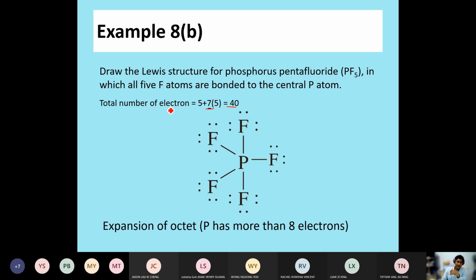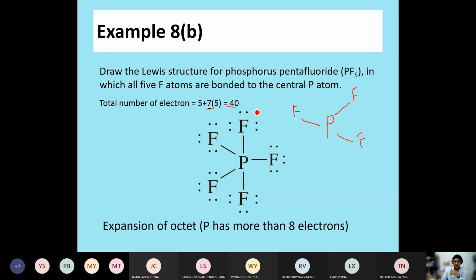When it becomes 40, you draw phosphorus first and then put the fluorine around it, 5 fluorine, because there are 5 atoms of fluorine around it, and just make the bonding between them, because at least they will form one bonding, and fluorine cannot make more than one bonding.